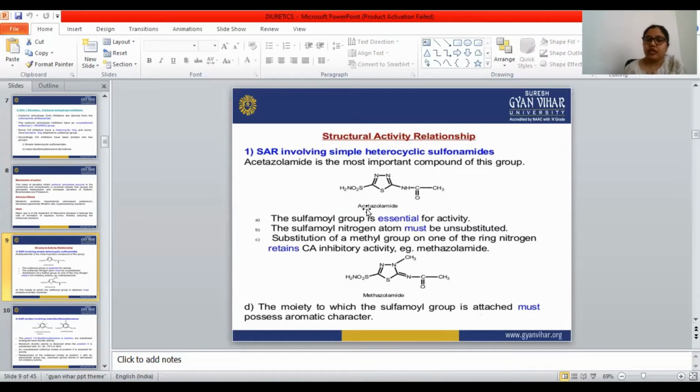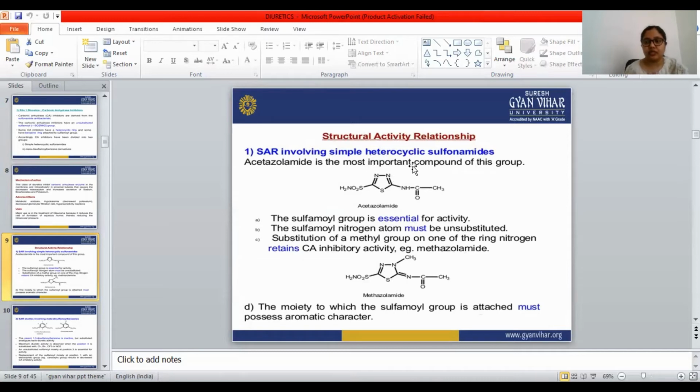So the heterocyclic sulfonamides are acetazolamide and methazolamide, and the sulfonyl group is essential for the activity of the carbonic anhydrase inhibitors. This is the important part of the activity. And the sulfonyl nitrogen atom must be unsubstituted.